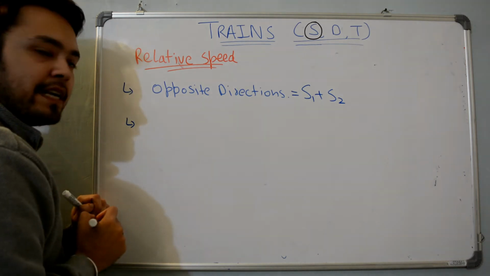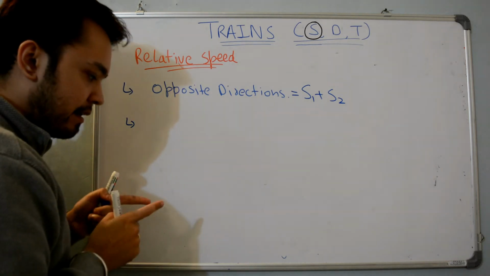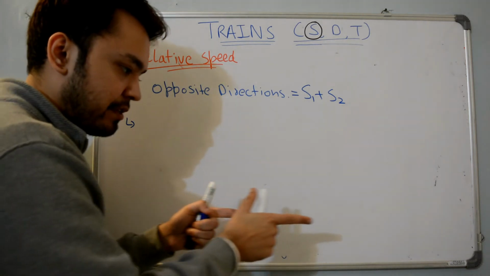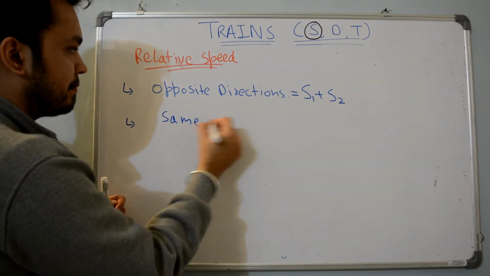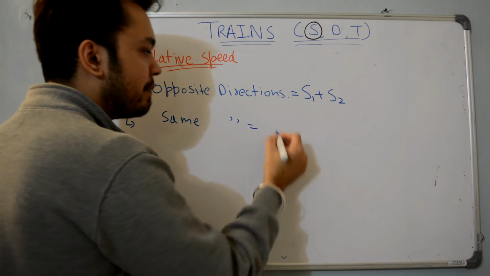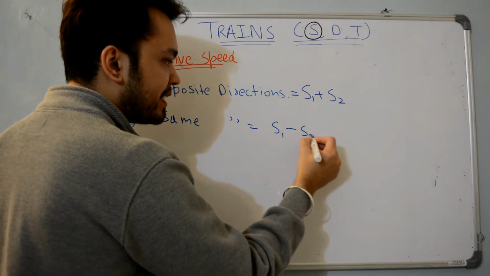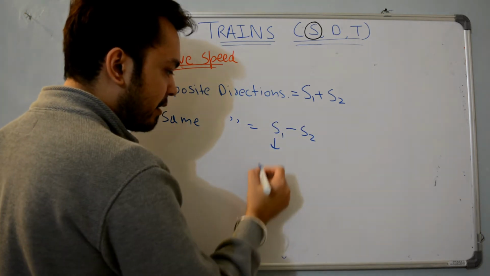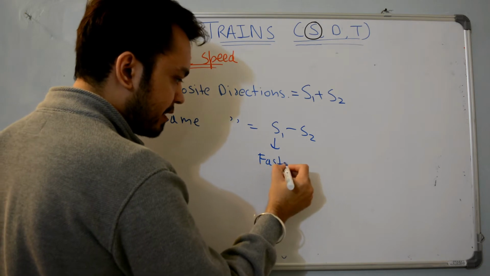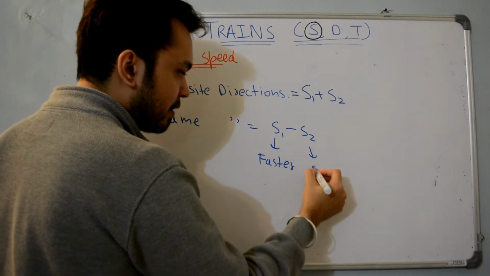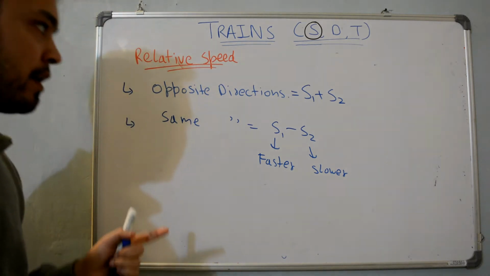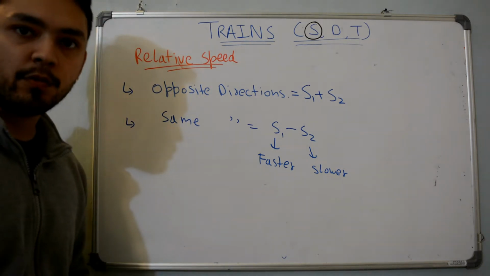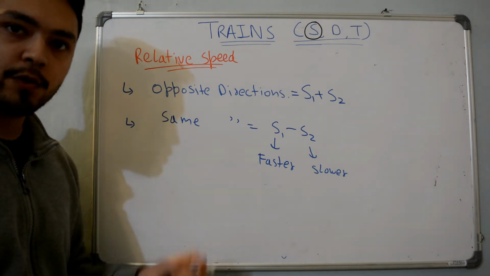The second point we need to remember is when they are moving in the same direction, right? The relative speed will be s1 minus s2, where s1 will be our faster train and s2 will be our slower train. Now, once you have noted down these points, we are clear to move with our questions.